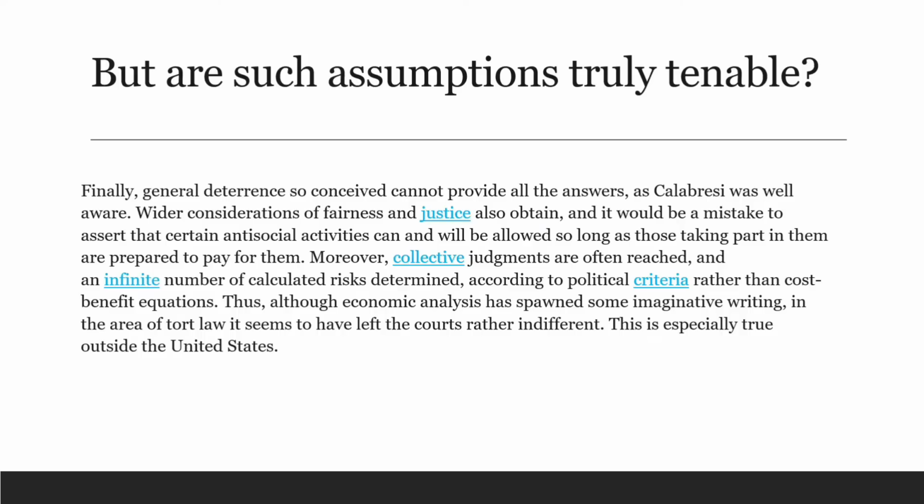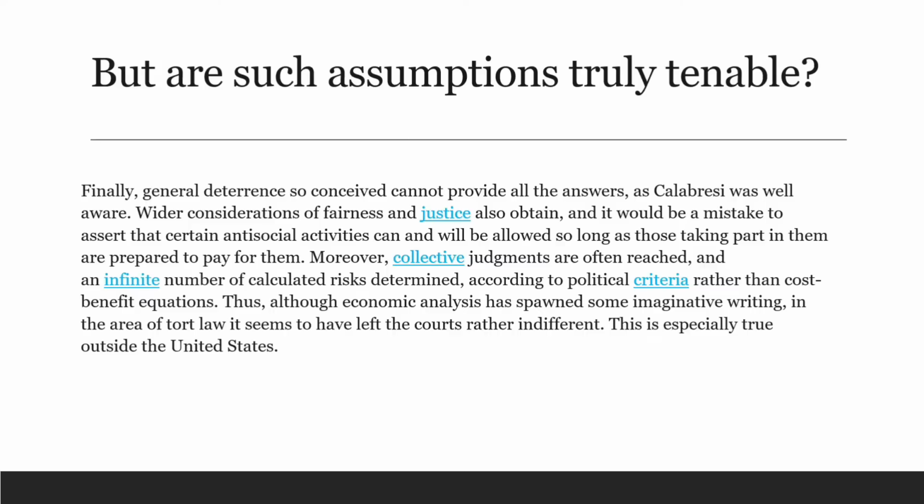Finally, general deterrence, so conceived, cannot provide all the answers, as Calabresi was well aware. Wider considerations of fairness and justice also obtain, and it would be a mistake to assert that certain antisocial activities can and will be allowed so long as those taking part in them are prepared to pay for them.